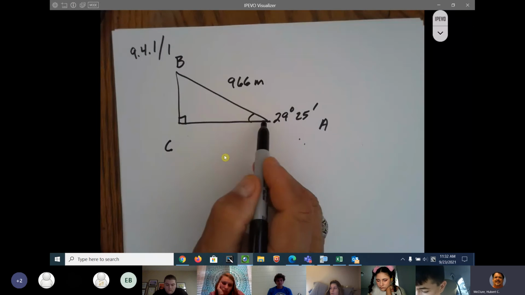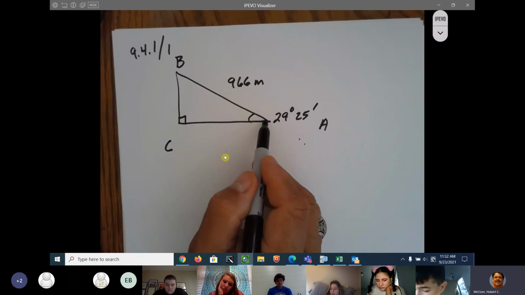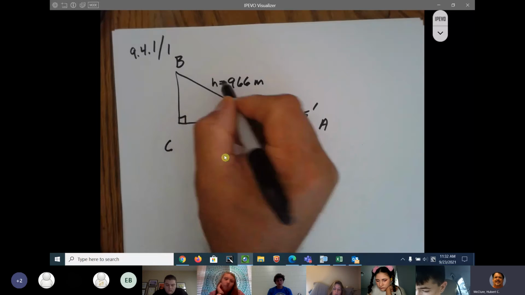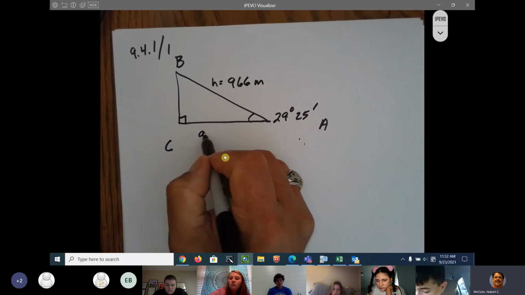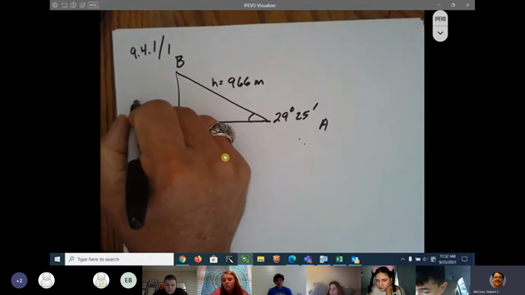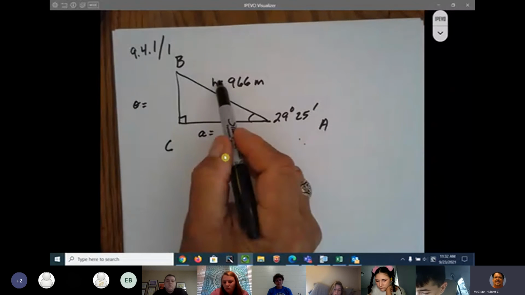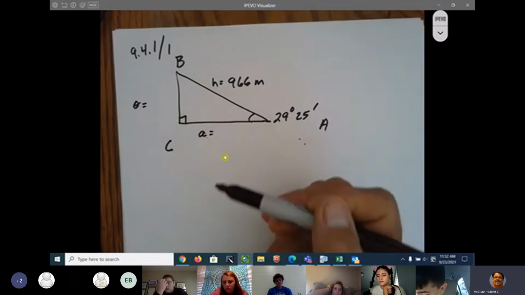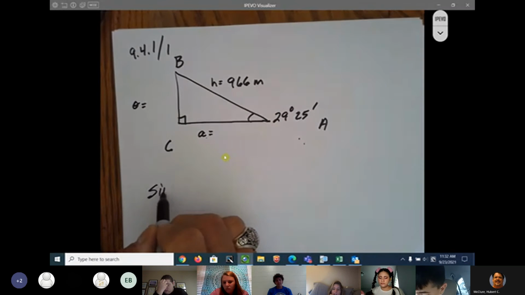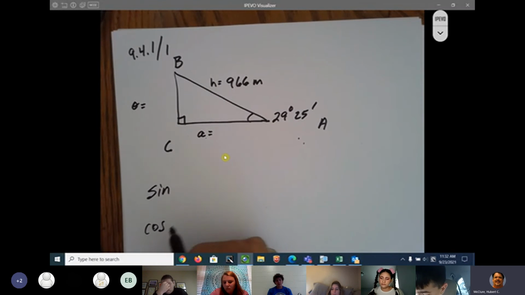You know that for the sine and the cosine, this is the hypotenuse, this is the adjacent, and this is the opposite. So you know that SOH CAH TOA, you can use the sine or the cosine.